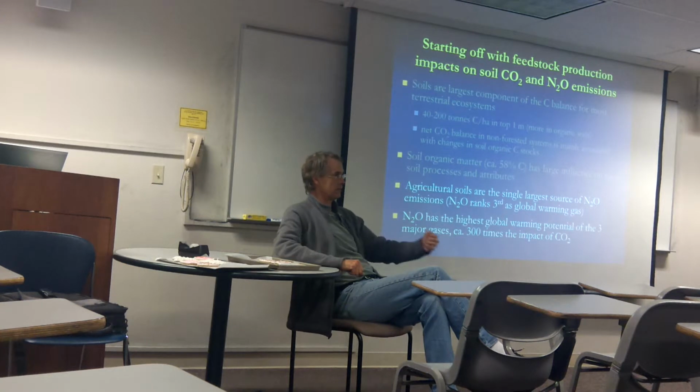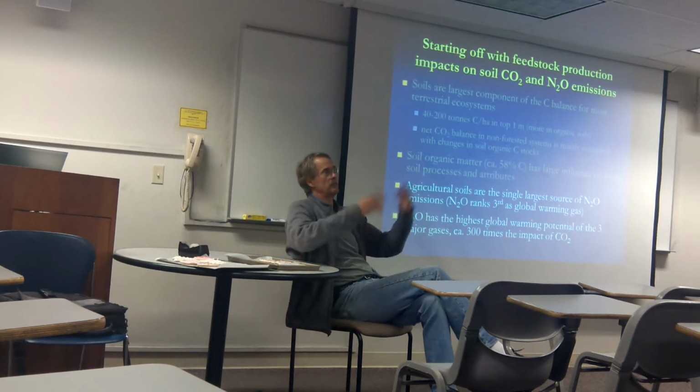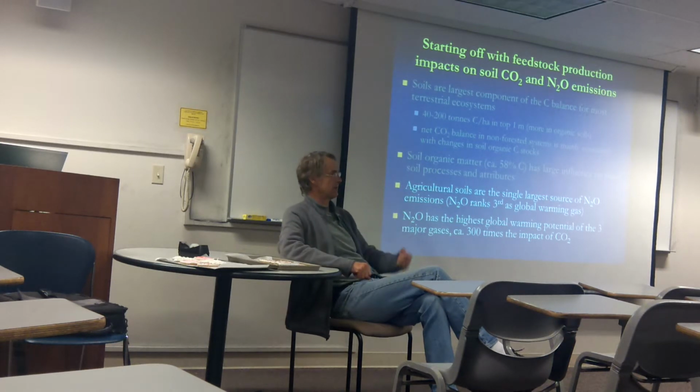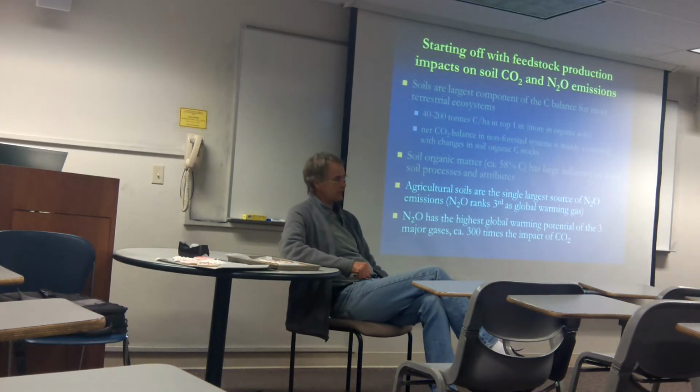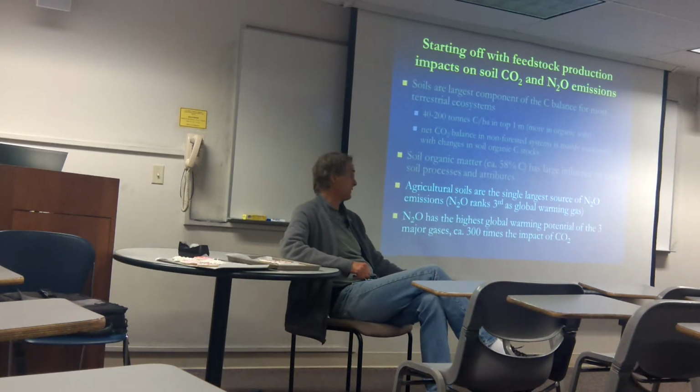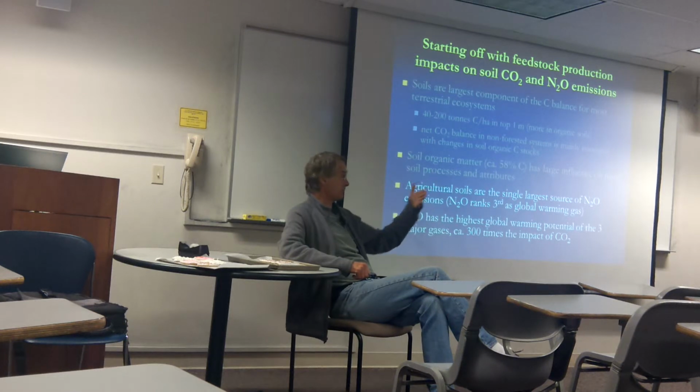The slow pool has a mean residence time of, I don't know exactly, 17 years or something. And the passive pool has a mean residence time of 350 years. And that's what defines those pools.